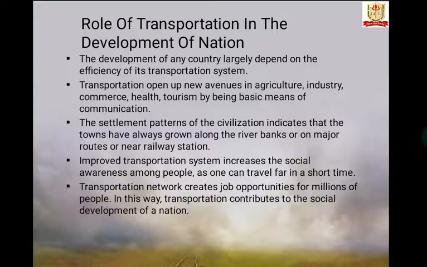The settlement patterns of civilization indicate that towns have always grown along river banks, on major routes or near railway stations. An improved transportation system increases social awareness among people, as one can travel in a short time. A transportation network creates job opportunities for millions of people. In this way, transportation contributes to the social development of a nation.